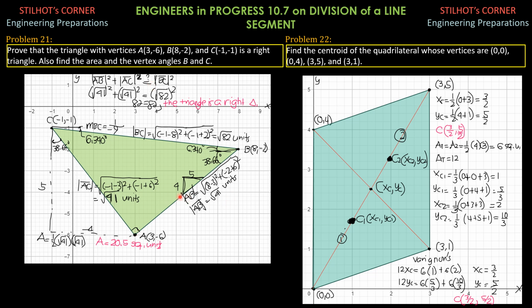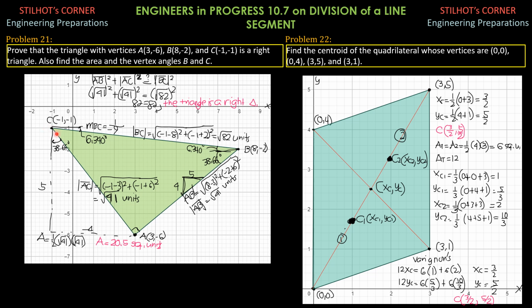For AB, the solution for the length of AB is equal to the square root of (8 minus 3) squared, or 5 squared, which is 25, plus (-2 minus -6). Negative 2 minus negative 6 is positive 4 squared, which is 16. 25 plus 16 is 41, therefore AB is square root of 41 units.